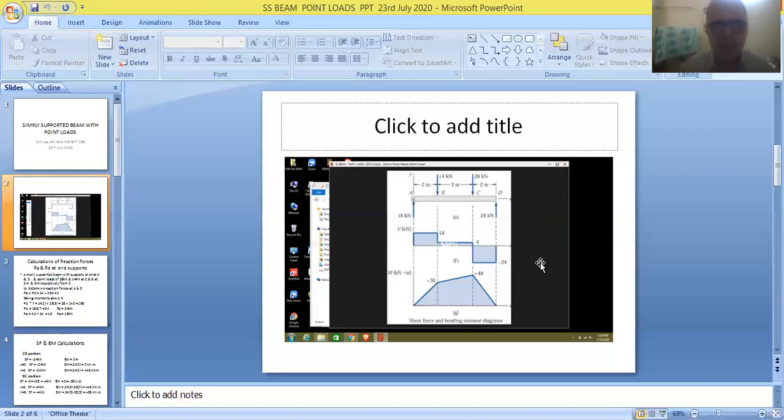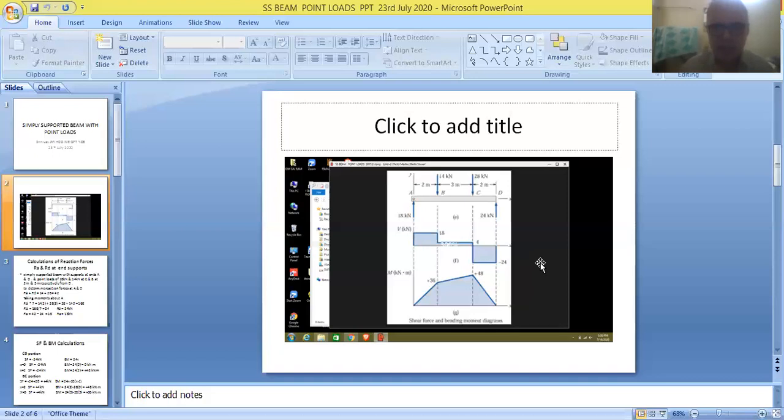And secondly, if the force is acting in a downward direction, the beam will have a tendency to move in clockwise direction. On the other hand, if the force is acting in upward direction, then the beam will have a tendency to move in anti-clockwise direction.